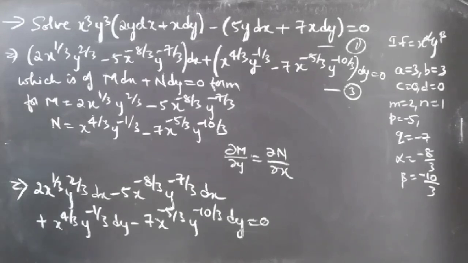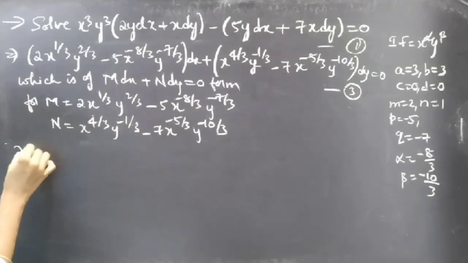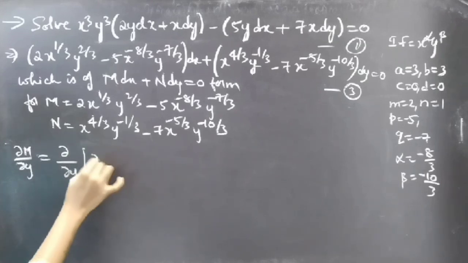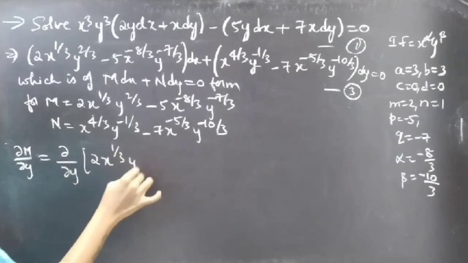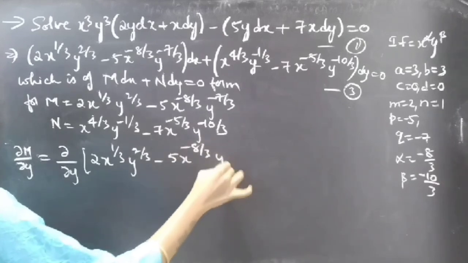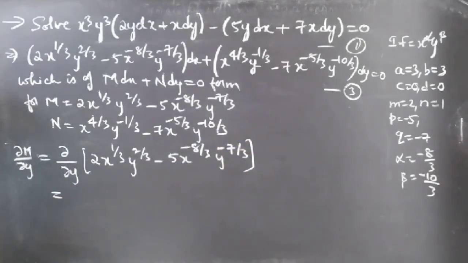So let's check whether the two partial derivatives are equal or not. I'll begin with the partial derivative of m with respect to y. Here we are finding the partial derivative of terms with respect to y, so we'll treat x as constant.